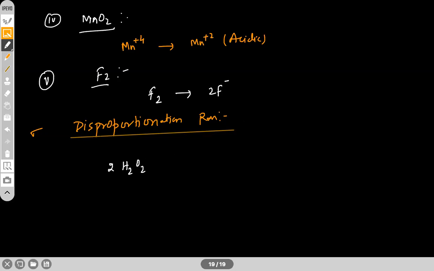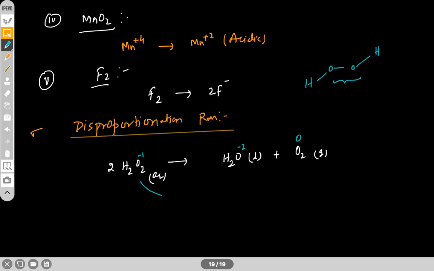For example, H2O2 converts into H2O liquid and O2 gas. This is aqueous. If you find the oxidation state of oxygen here, you see H2O2 is a peroxide. It is hydrogen peroxide, the name of the compound, and it has a peroxy linkage. So since it is a peroxide, oxidation state is -1. In water, oxygen is -2, and here it is 0.